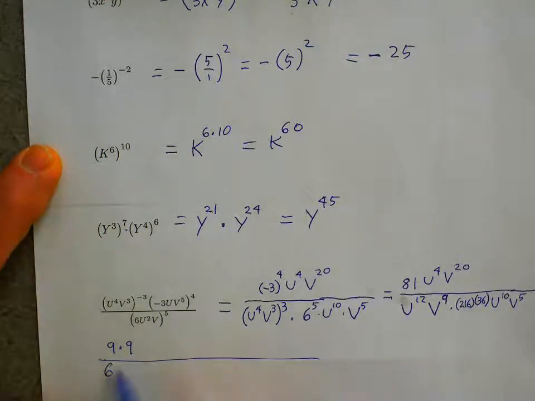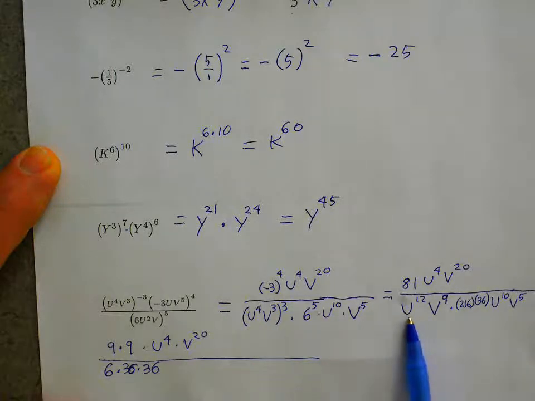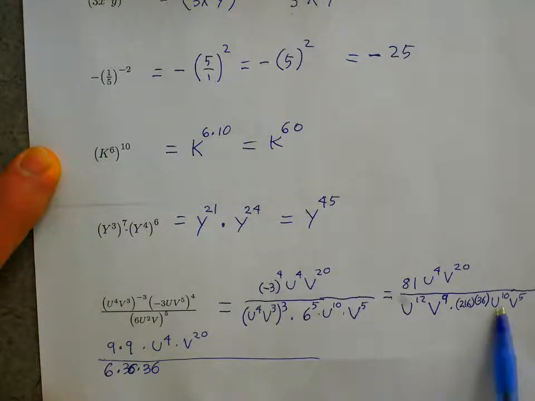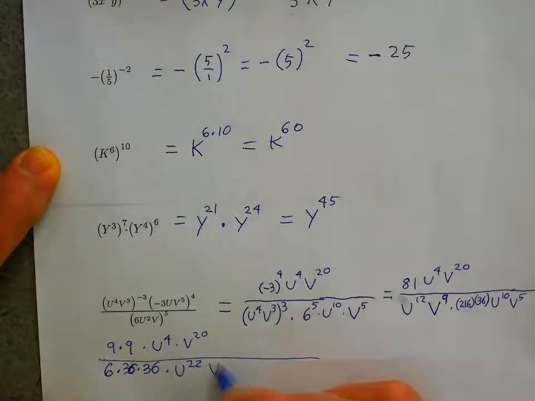So I'll have 6 times 36 times 36. And we can start simplifying the variable parts. In the numerator, I'll write u to the 4th times v to the 20th. We'll simplify the variable parts in the denominator. In the denominator, we have u to the 12th times u to the 10th. So that's u to the 22nd. And then v to the 9th times v to the 5th is v to the 14th.